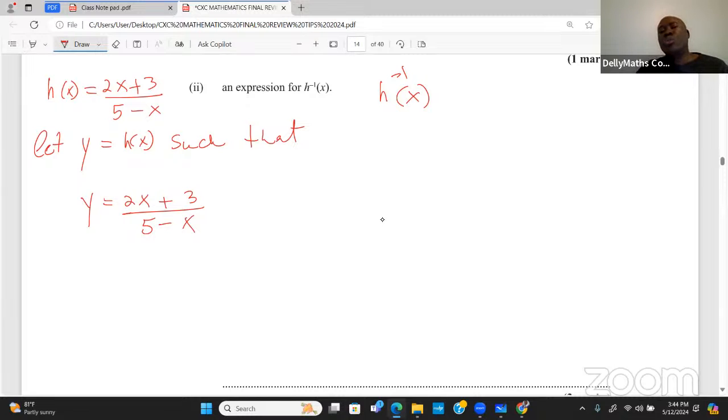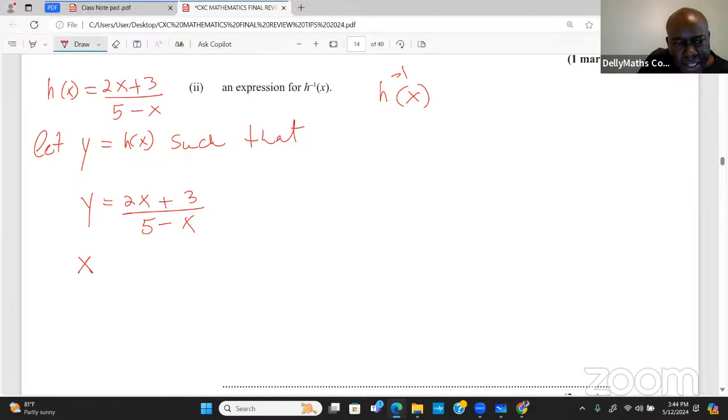So there are 2 steps that one needs to take if at all we're going to do our inverse. The first step is that we want to switch x and y, right? So wherever x is, we're going to put y. Wherever y is, we're going to put x. All right, so let us switch x and y right about now.